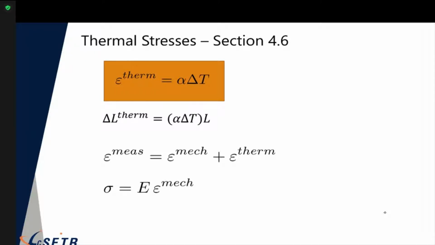There are a lot of ways to think of this. I think the most important equation that we have to internalize is that the thermal strain, the strain due to thermal expansion, is equal to this parameter alpha times the change in temperature. Alpha is the thermal expansion coefficient.